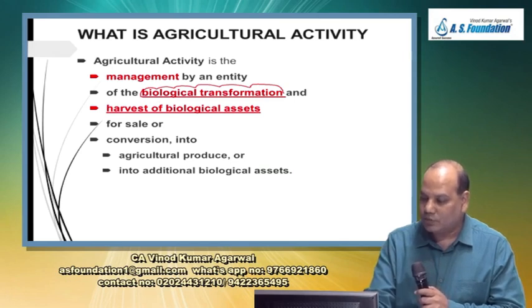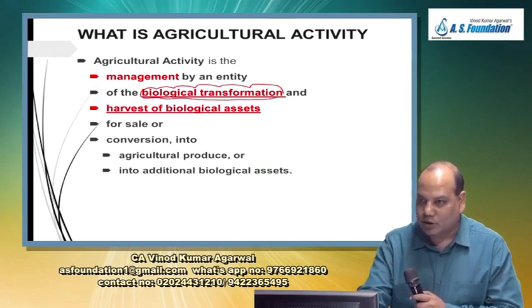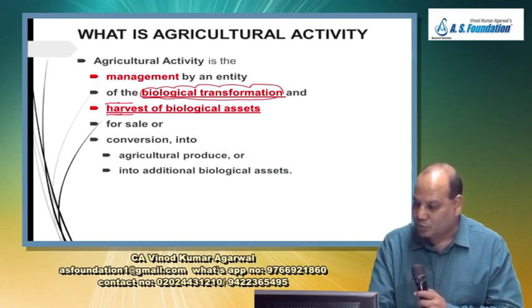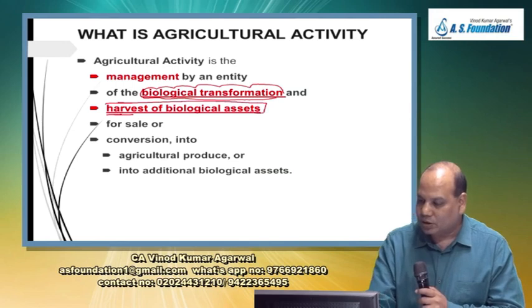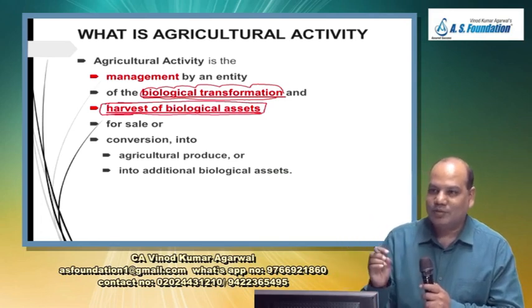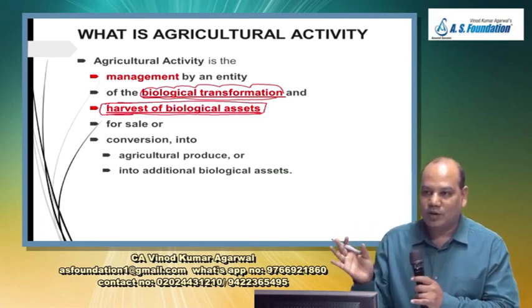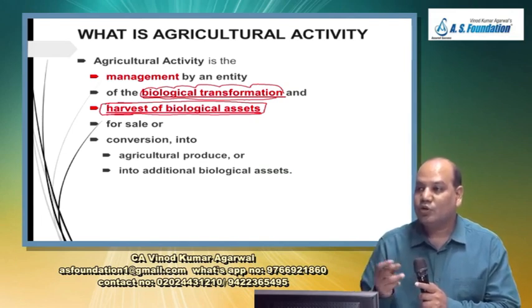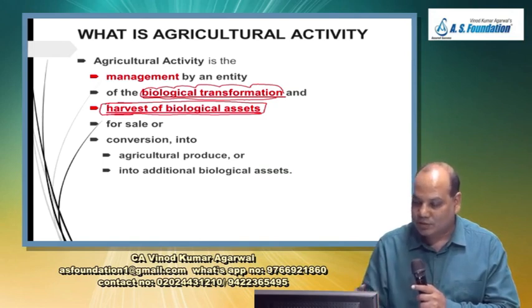And harvest of. One is management of biological transformation, second is harvesting of. So harvesting means removing the item from the biological asset. For example, a mango tree has mango, somebody will remove it. That is called harvesting. Milking the cow is also a harvesting activity in this standard.